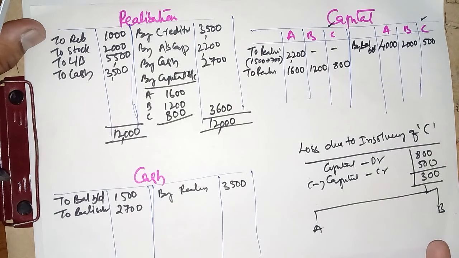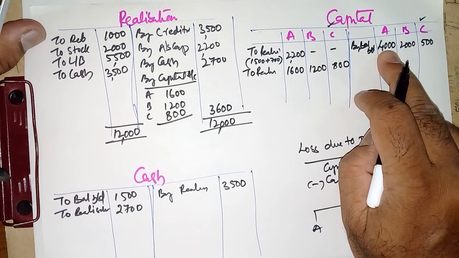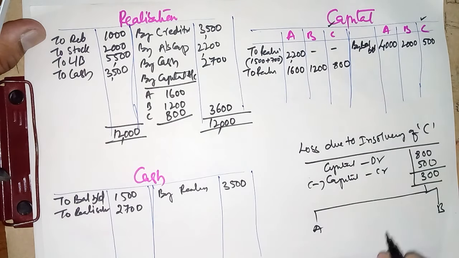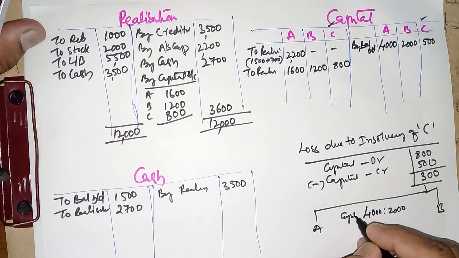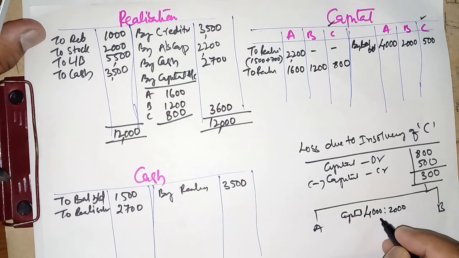In which proportion? In the ratio of capital. What is the capital of A and B? That is 4,000 and 2,000. So 4,000 is to 2,000, that is the capital. Therefore 2 is to 1 will be the ratio.